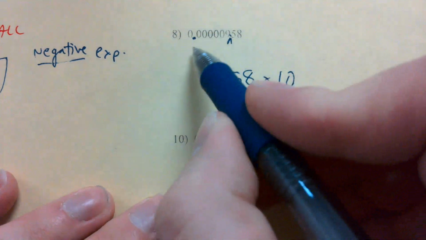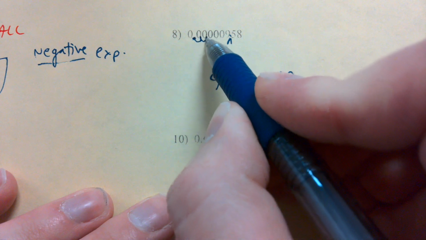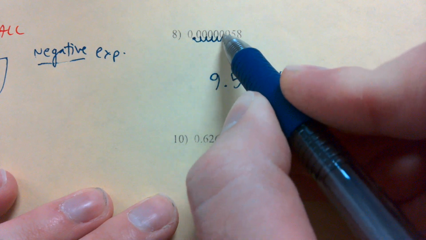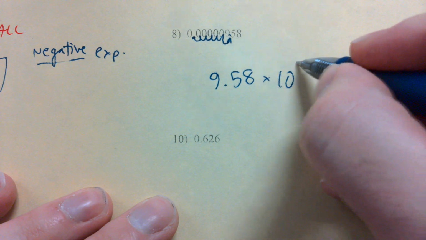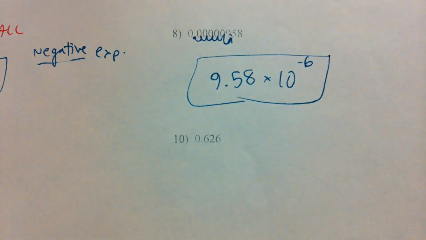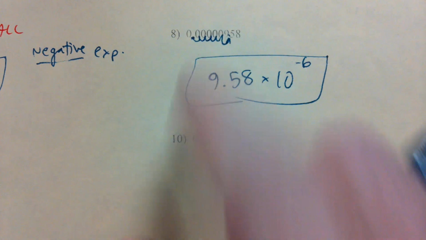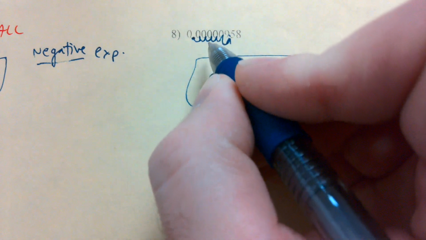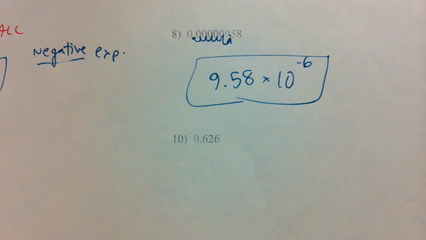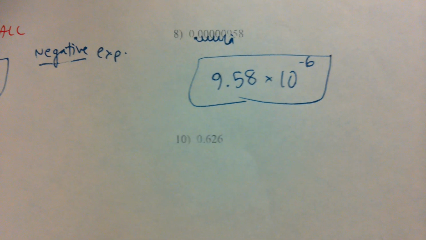And we're going to move that decimal 1, 2, 3, 4, 5, 6 spaces, 10 to the negative 6th power. We got to be super careful when we have all these zeros because it's easy to count it twice or to skip a 0. You want to make sure you're going right in between each of those little numbers there. 9.58 times 10 to the negative 6th.